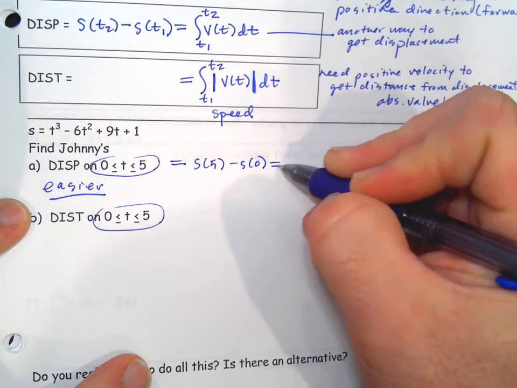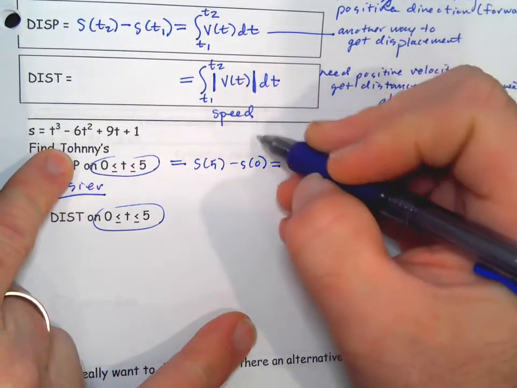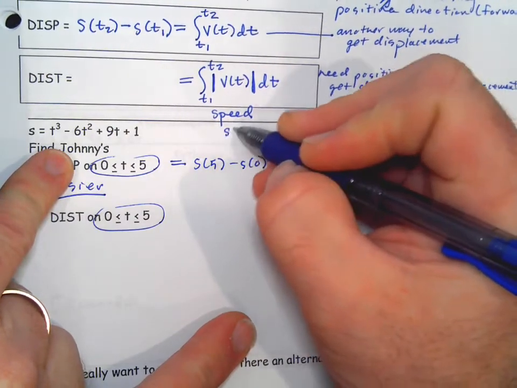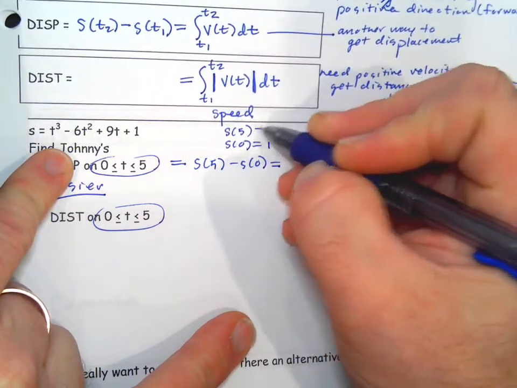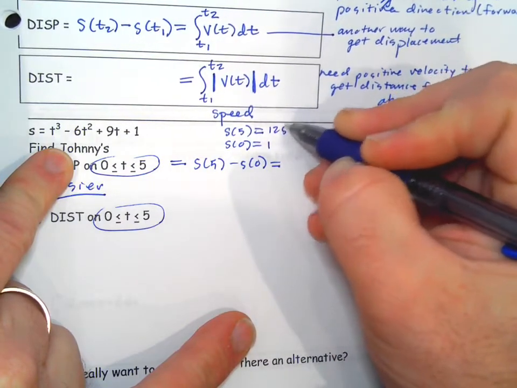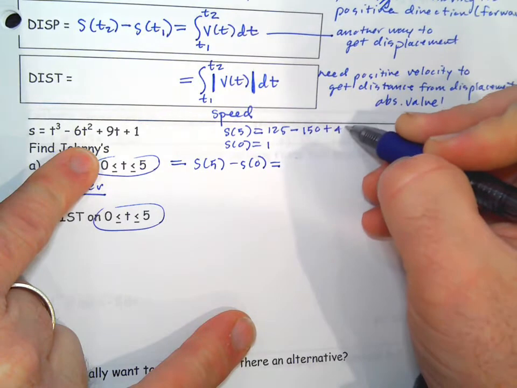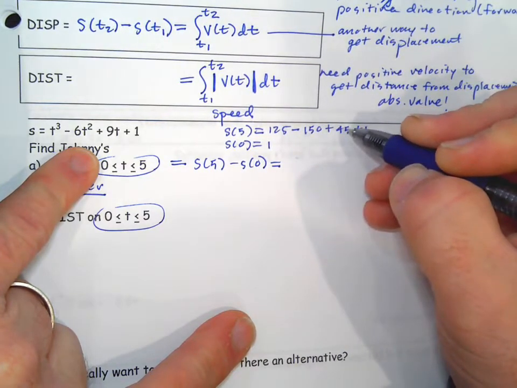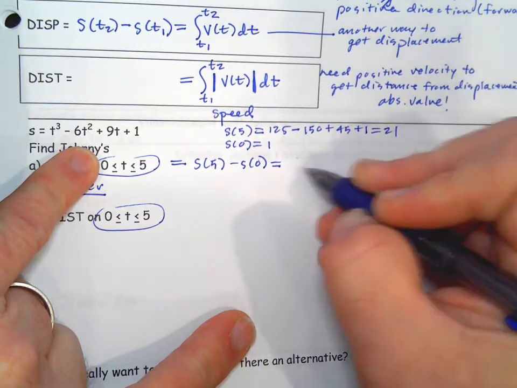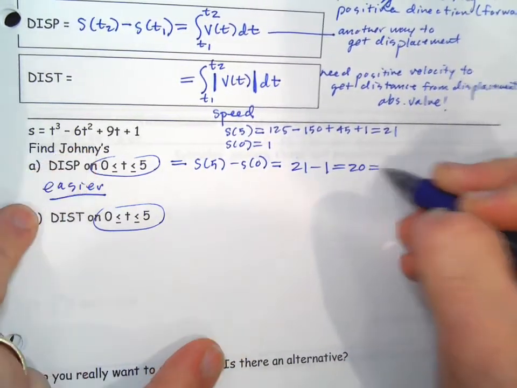So if we plug 5 in, we get 125 minus 150 plus 45 plus 1, negative 25, it's going to be 21. So this is going to be 21 minus 1, which is 20. That's the displacement.